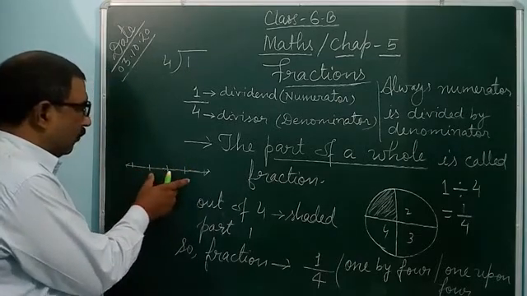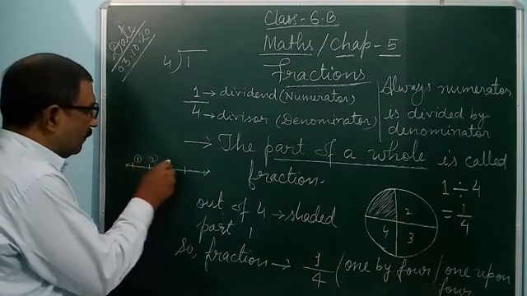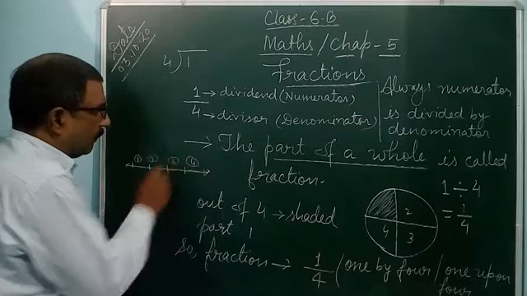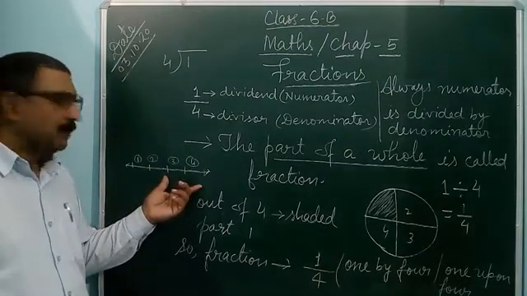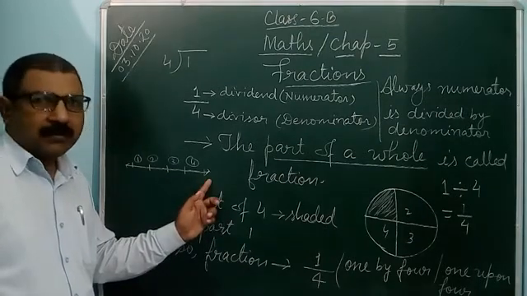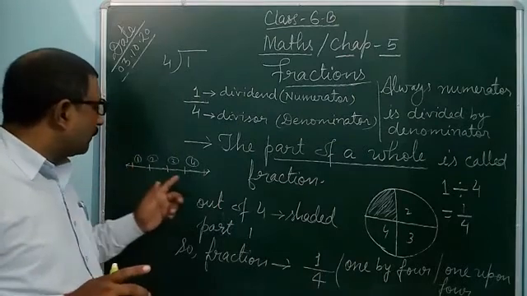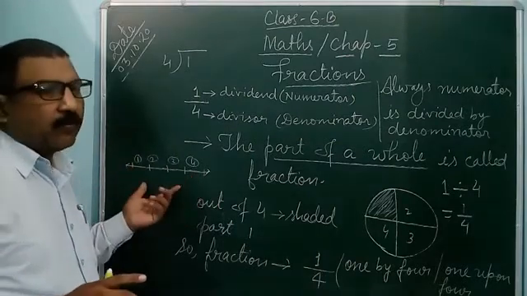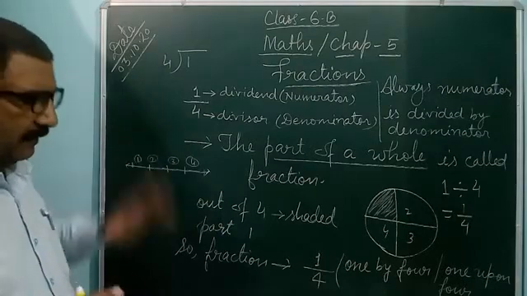So it represents 4 equal parts. This line is divided into 4 equal parts. A line represents one whole, and its equal parts represent the fraction. In this way you can understand the fraction.